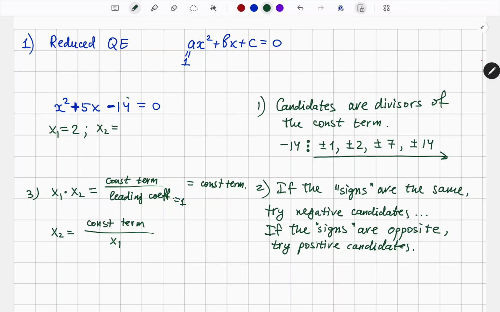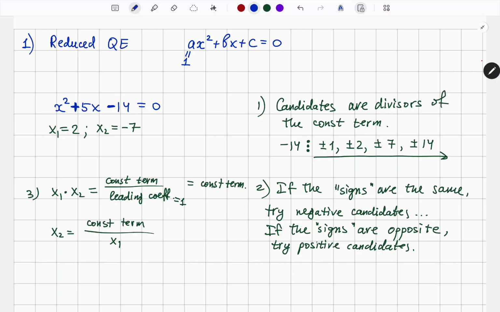Here, the second root is the constant term. Of course, it includes the sign in front of 14, because some people think that constant term is just 14. No, it's minus 14. You divide it by the first root. I usually draw an arrow like this. Minus 14 is divided by 2, so it's minus 7. That's it. The two roots are ready.